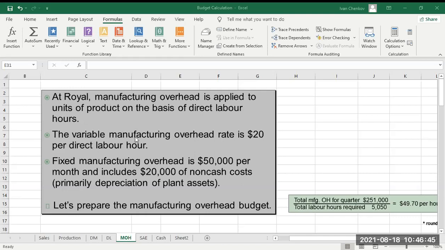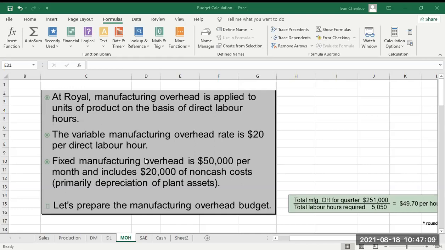We have two overheads. One is the variable manufacturing overhead, which is $20 per direct labor hour. And we have the fixed manufacturing overhead, which is $50,000 per month. In that $50,000, we have a non-cash cost, which is depreciation.